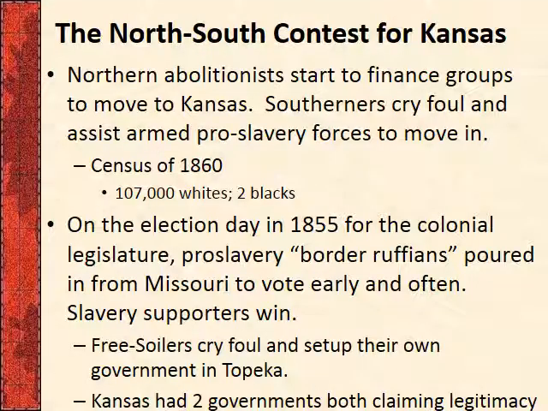Now the North and the South contest for Kansas. Northern abolitionists. So we talked about before in the last lecture, Stephen A. Douglas, right? He's going to set up the popular sovereignty out west, right? And the idea was that Kansas was going to be settled by Missourians who were pro-slave, and Nebraska was going to be settled by free soilers from Iowa.